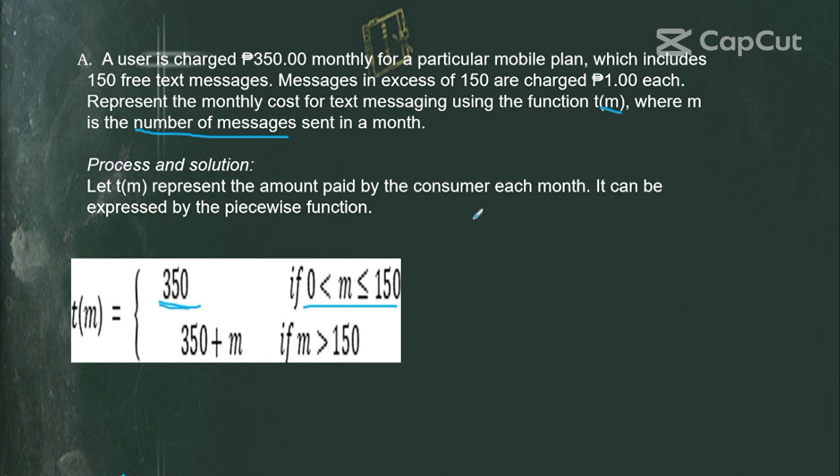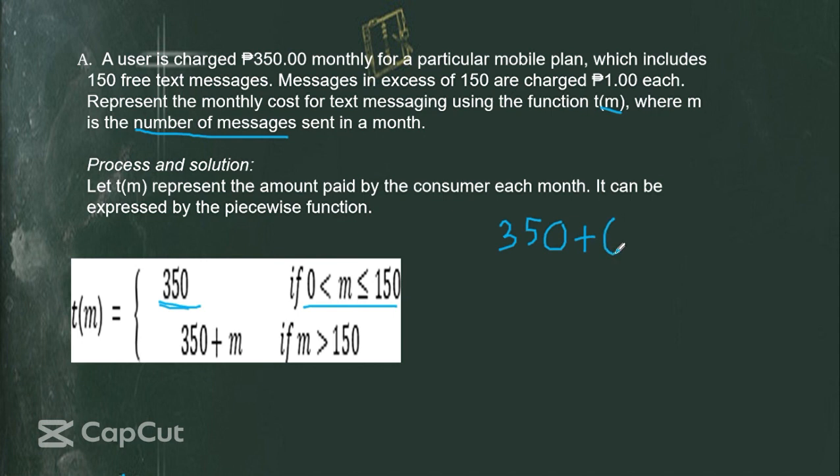You might get confused, so you can also use 350 plus M minus 150 for the second subfunction. Meaning, you just put in how many messages in a month you used.